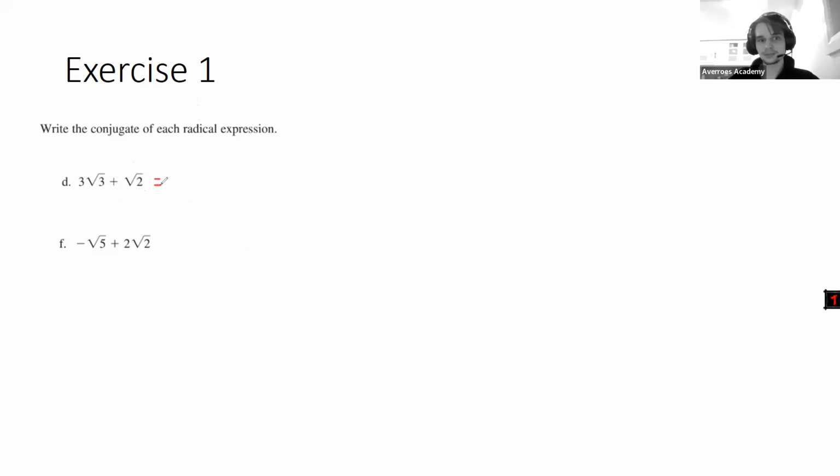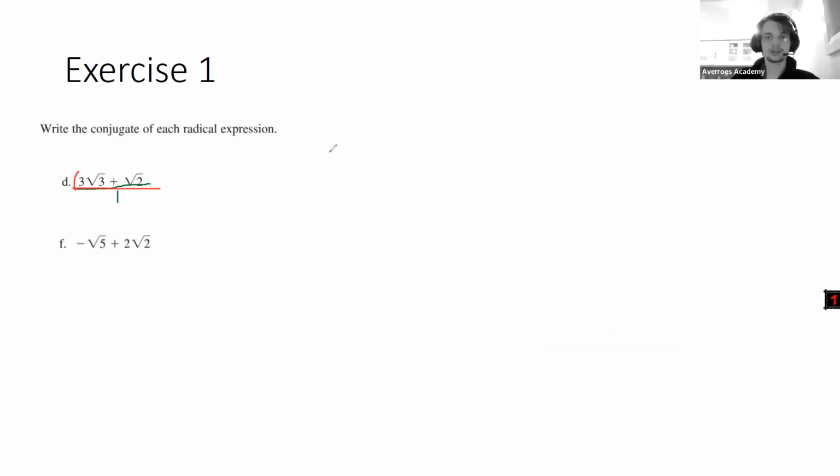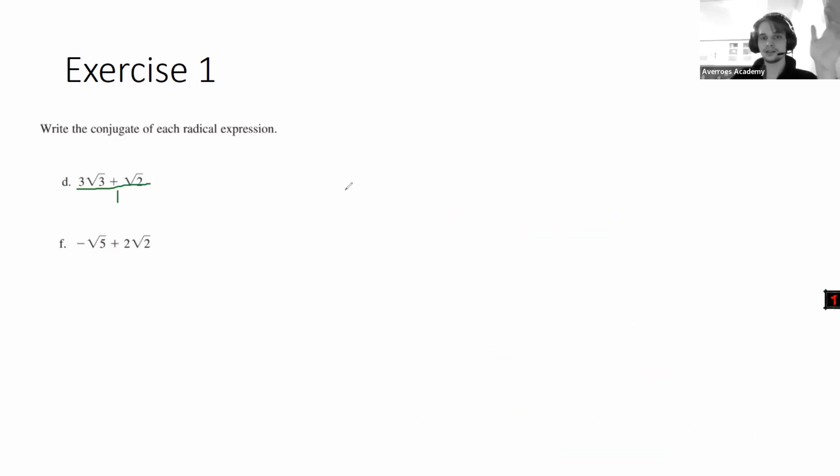In this case, look, when we were simplifying the previous examples, we had this radical expression in the denominator, right? The radical expression was in the denominator, but here the radical expression is by itself.